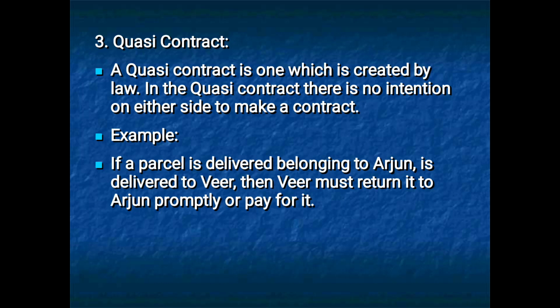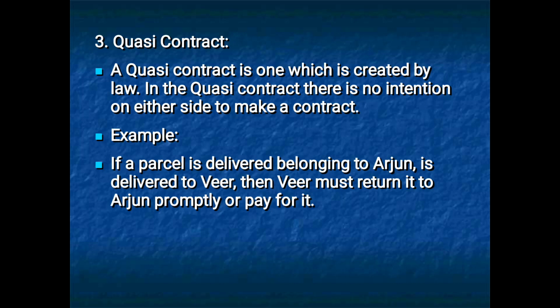Suppose if he fails to return it, then the law enters between these two people, that is, between Arjun and Veer, and orders Veer to return the parcel to Arjun, or he has to pay for it. So here, Arjun and Veer are not known to each other, not a mere offerer and acceptor, but law creates a contract between them. Such type of contracts are quasi contracts.